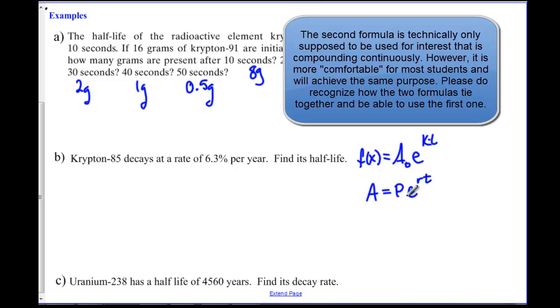So the P is still the initial amount, the same thing as the A. The f of x is the same as the accrued or ending amount. And the k is the same as the r, your rate, and in this case, because we're not just doing money, the rate of growth or decay.